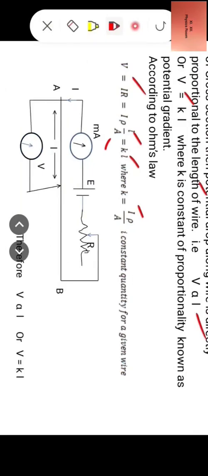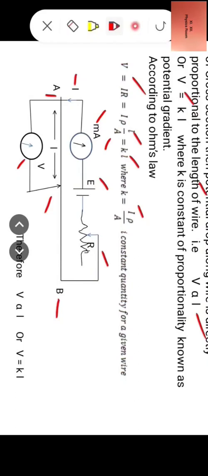Now here look at the diagram. AB is potentiometer wire, MA is milliampere meter, E is EMF of the cell, and RH is rheostat, which regulates the current through the wire. So I is the steady current passed through this wire of uniform area of cross section. And here is the voltmeter, which is connected to point A on one side and the other side with a sliding contact.